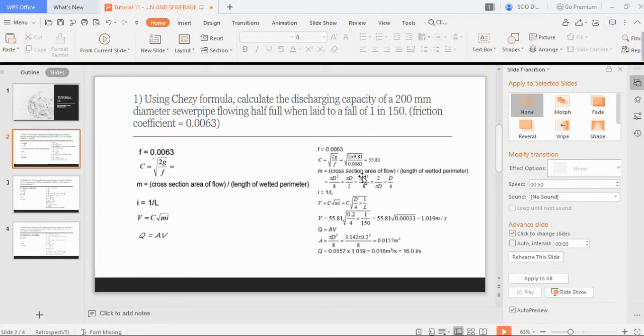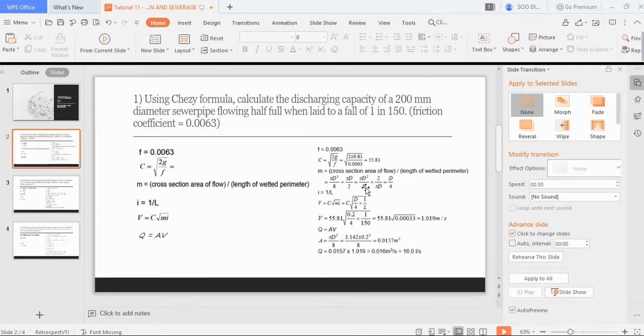If you were to do that for a full bore, which means the pipe is full, you will still get the same d over 4. I will leave it to you to work it out. But for the situation where the pipe is round, you don't have to solve this part, because M will always be d over 4, whether half full or full.